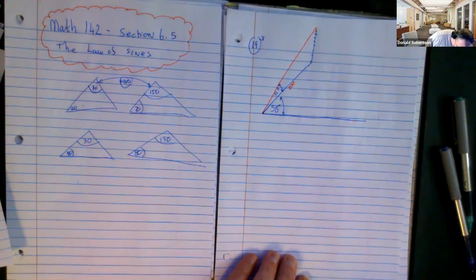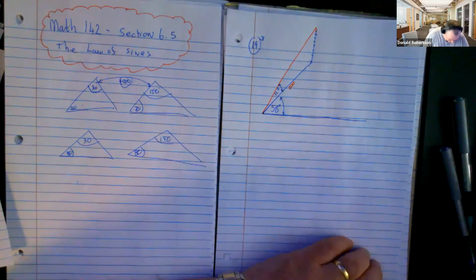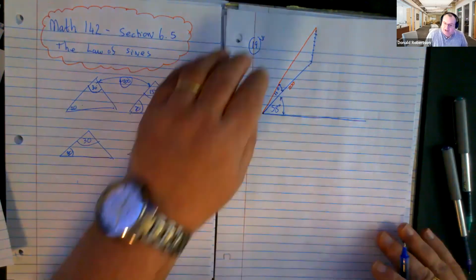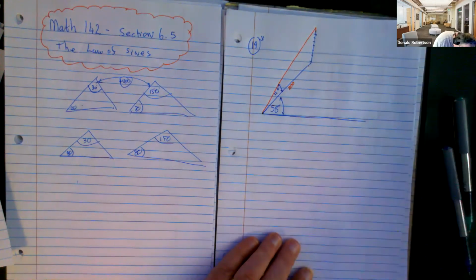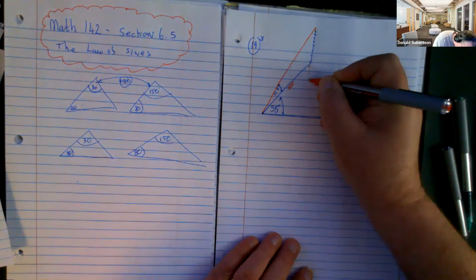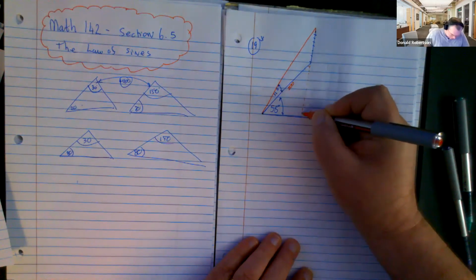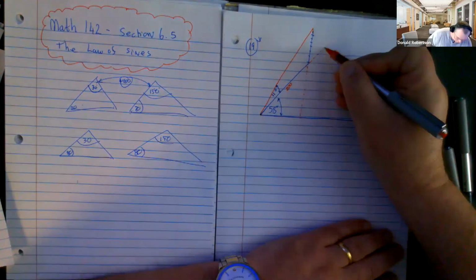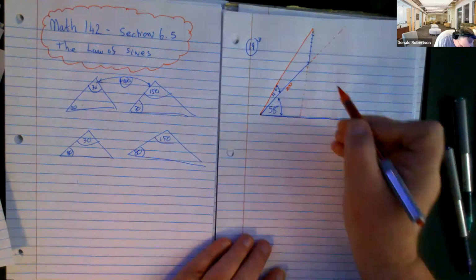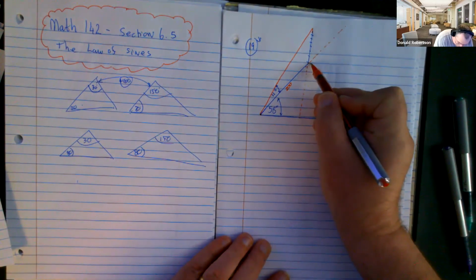So I'm going to add some extra lines. I'm going to do them in red, I think. I'm going to draw a little dotted line going like this. I'm going to do a continuation of the slope going like that. And I'm going to do another dotted line going that way.